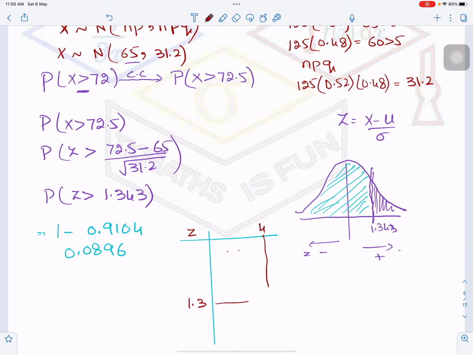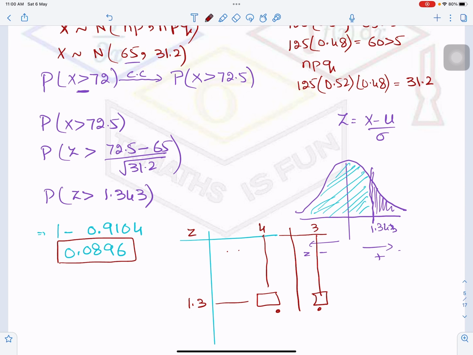Whatever value comes there, then from the last column, which is called the third decimal place, see where 3 is written and read this value. Then you have to add up these digits in the last place. That will give you 0.0896.